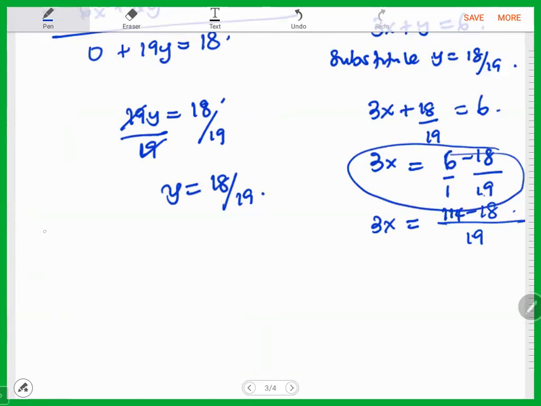I have 3x, the upper one, is equal to 6 minus 18 over 19. That step. We don't know how we came to this.